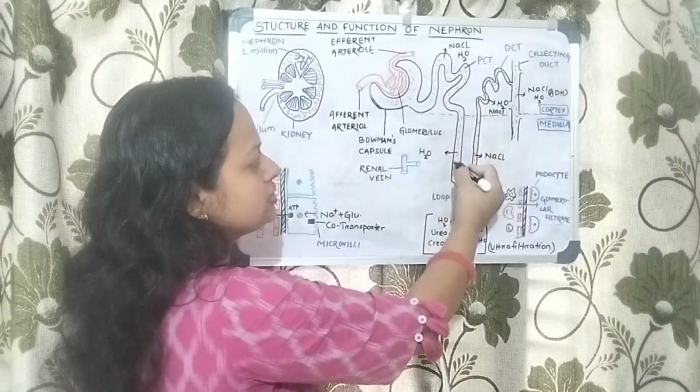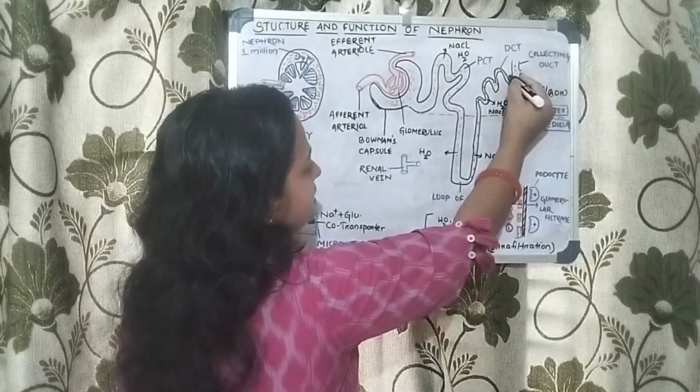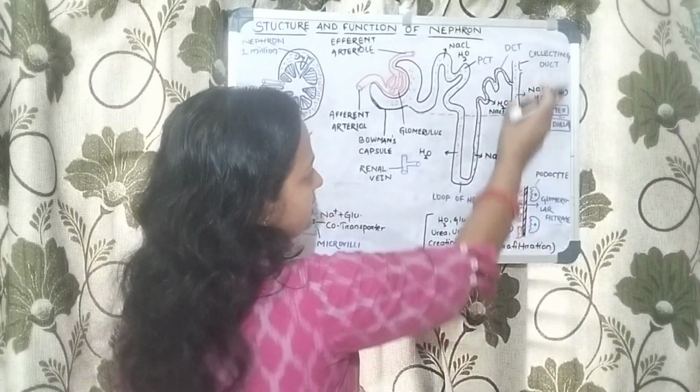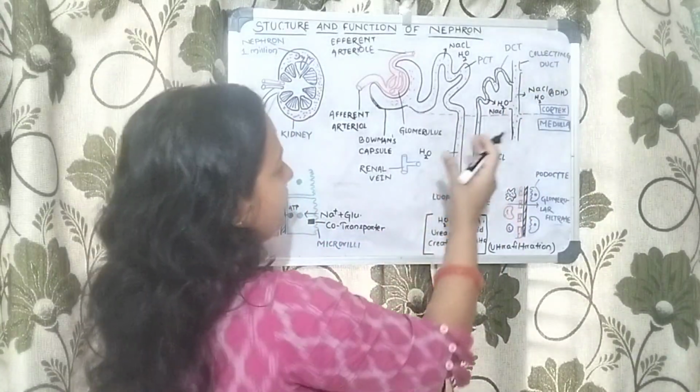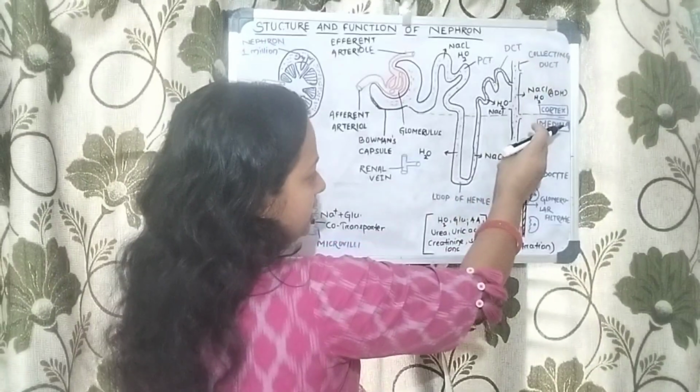After the full formation of urine in each nephron, it enters into a collecting duct.